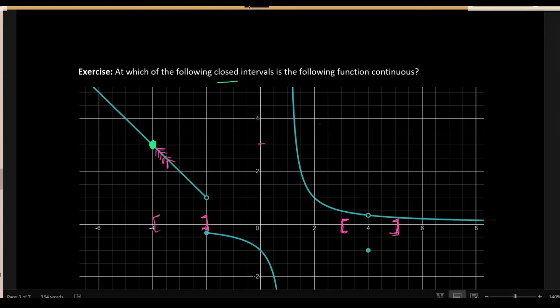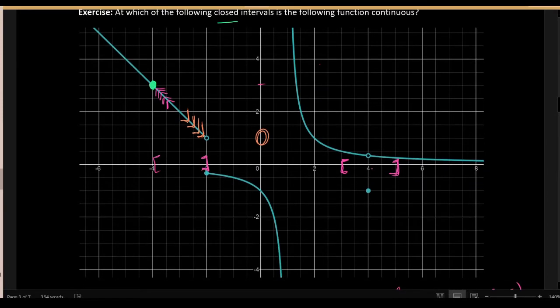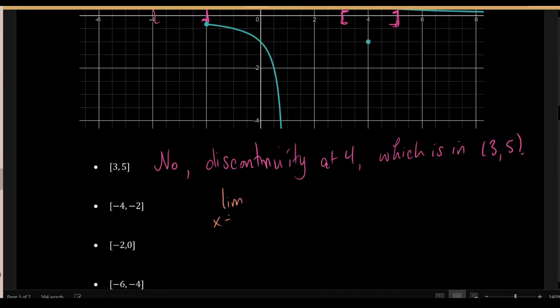However, if I consider the right endpoint of this interval, if I approach the right endpoint from inside the interval, then those orange arrows are pointing to a location where the y value is equal to 1. So the limit as x approaches -2 from the inside of the interval, from the left side, is equal to +1.